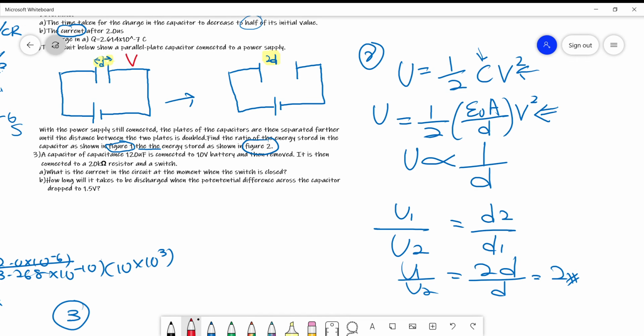Initially, when the plate separation is d and the capacitor is charging, the potential difference is getting higher, but the plate separation is getting bigger.